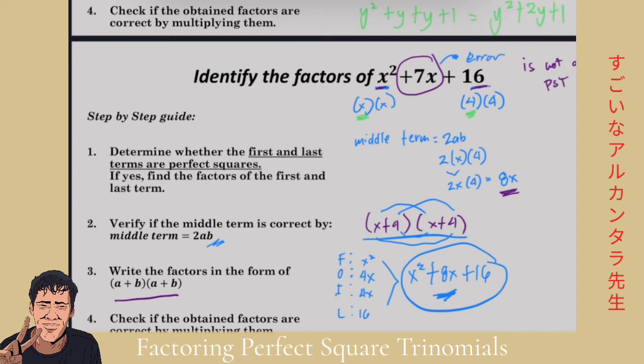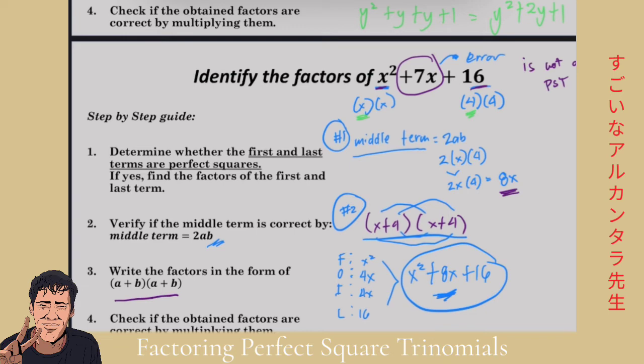Because we looked for the middle term using the formula, and we also did checking. So we did two ways here. We did the formula for the middle term, and we also did the FOIL method for checking. And both of them show that it's supposed to be 8x, not 7x. That's an important example for you guys to understand.